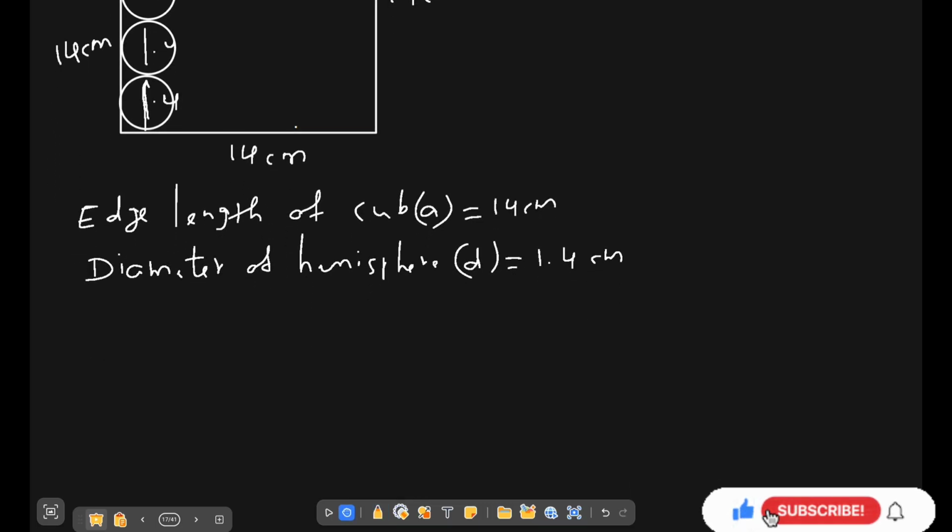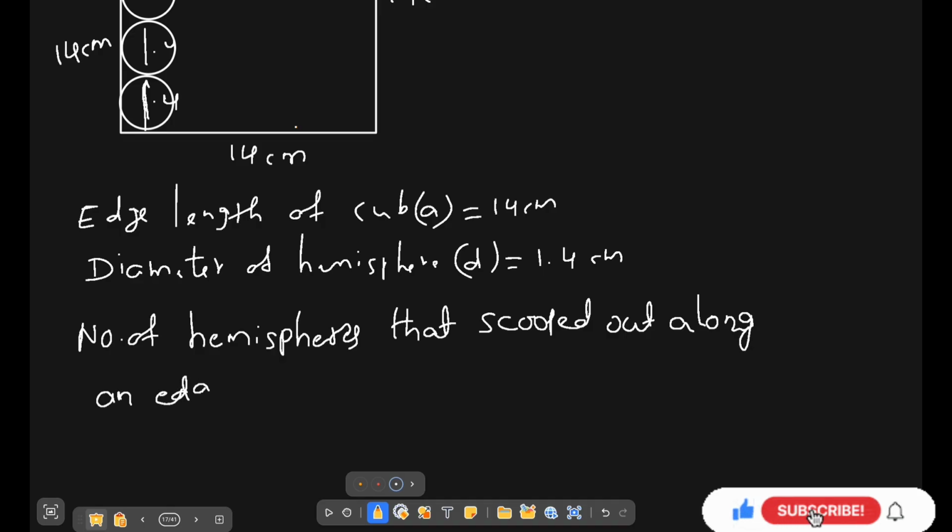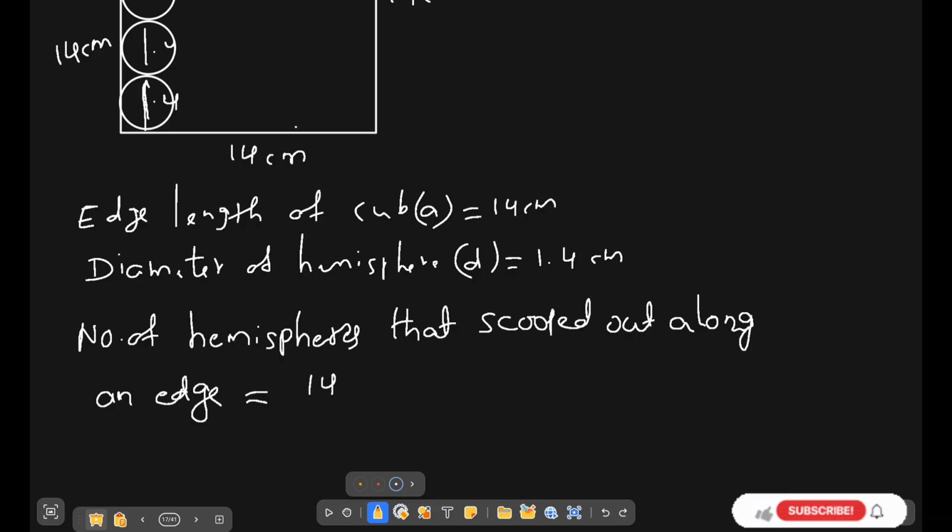So the number of hemispheres that can be scooped out along an edge is equal to the edge length of the solid, 14, divided by the diameter of the hemisphere, 1.4.